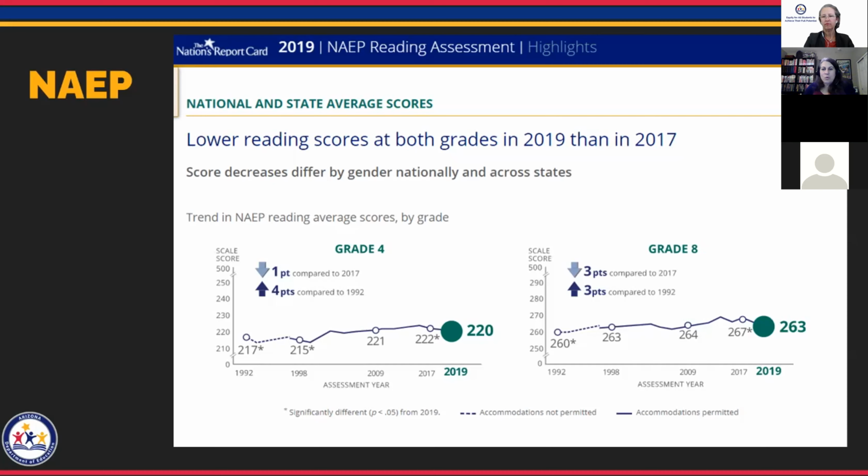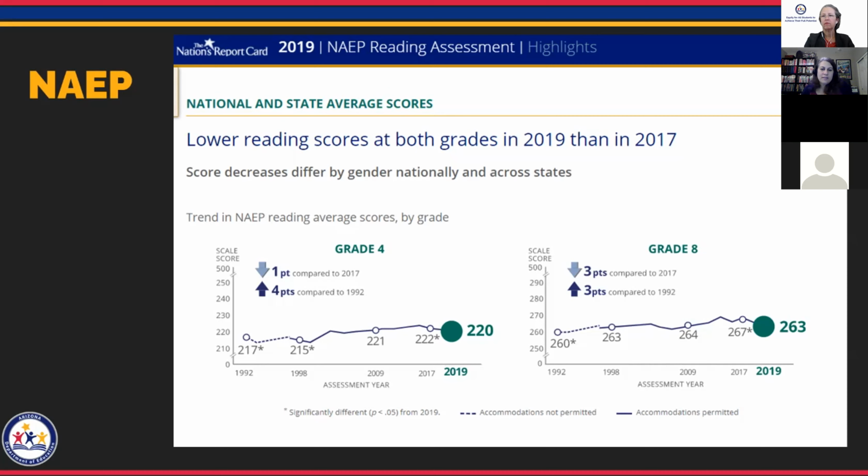So we've been spending more and more time giving time to ELA, but our state and national reading scores have stagnated, they've flatlined, and in some cases are even starting to decrease a little bit. And that's what caused a lot of research into why that's happening. Districts are spending a lot of money, teachers are spending a lot of time with interventions and programs and more time with the ELA block, yet we see a stagnation in 4th and 8th grade.